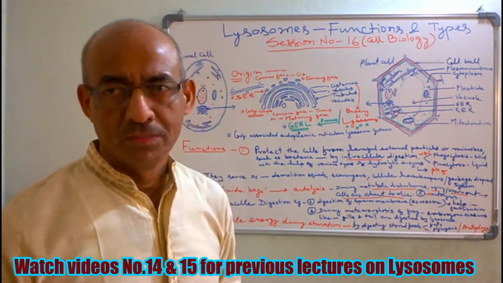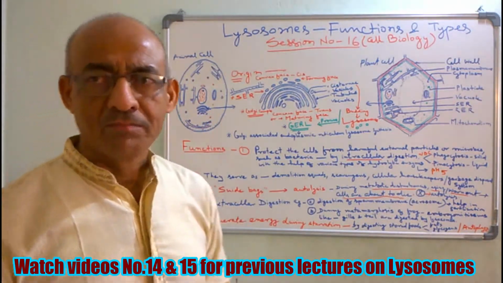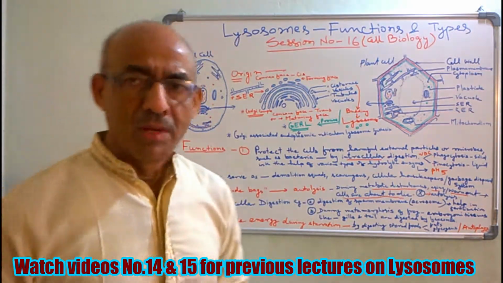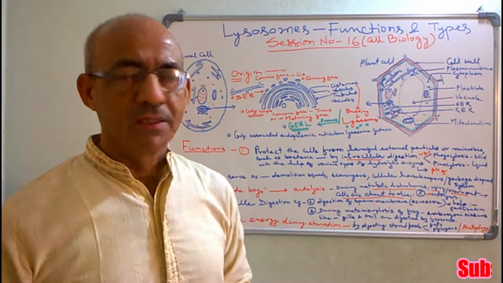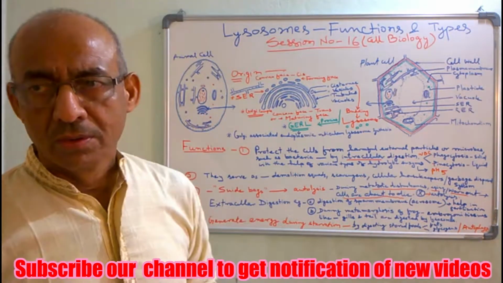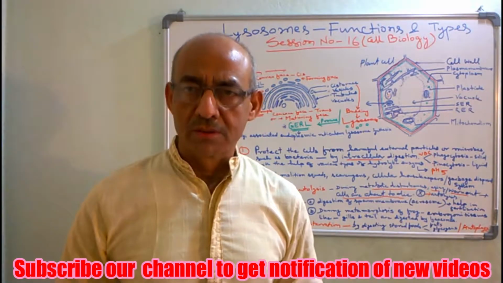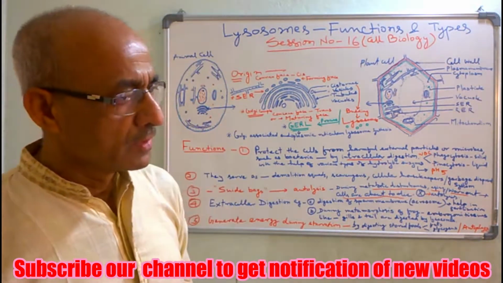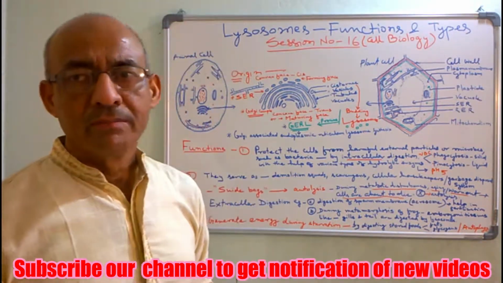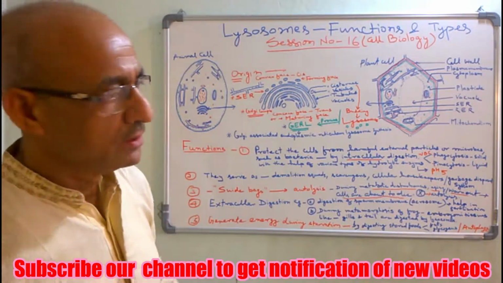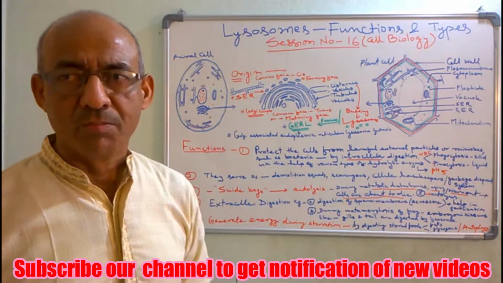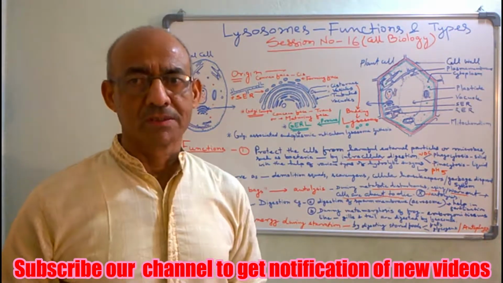As you know, lysosomes are very tiny membrane bound sac-like cell organelles found in most eukaryotic cells. In that session we already discussed that lysosomes are called digestive bags of eukaryotic cells.